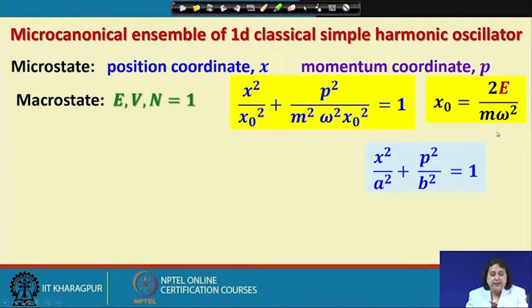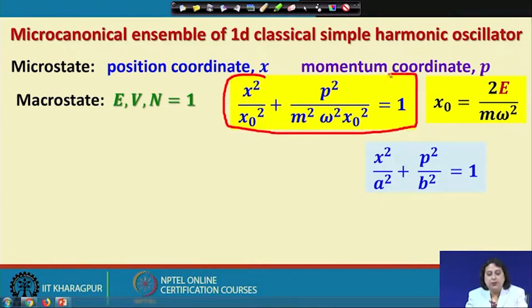So, please have a look at this expression. I understand that this expression is telling me what are the possible values of x and p that obey this constant condition of E, where E is a constant, therefore, x naught is a constant for a given system of m and omega.